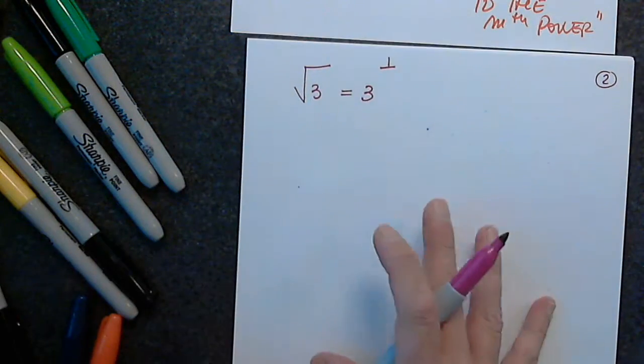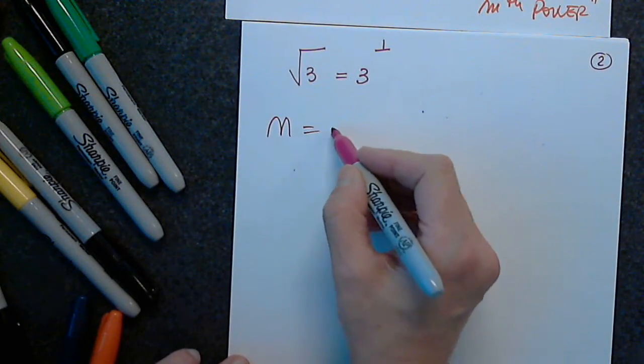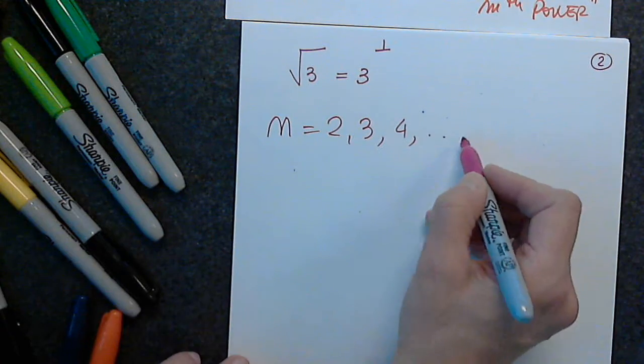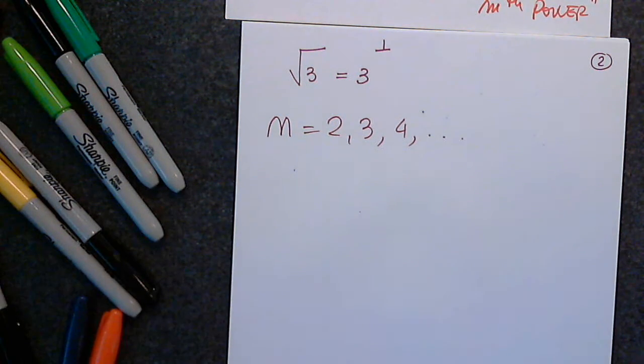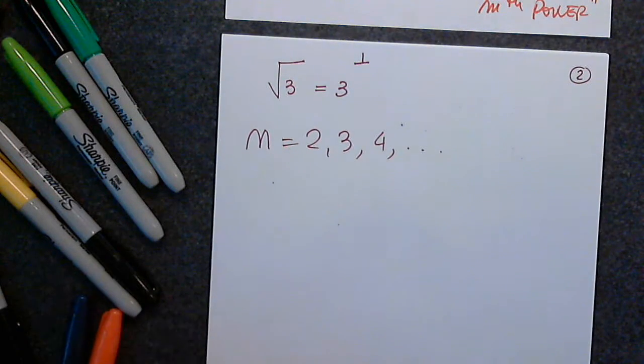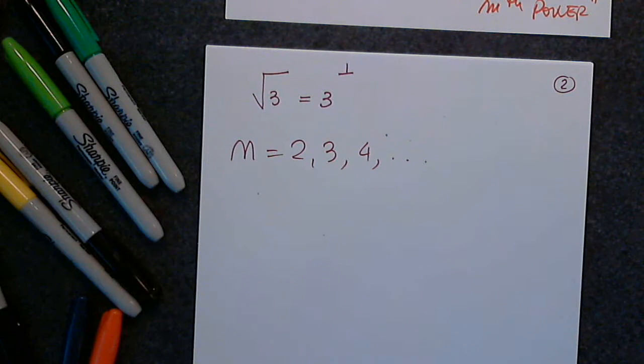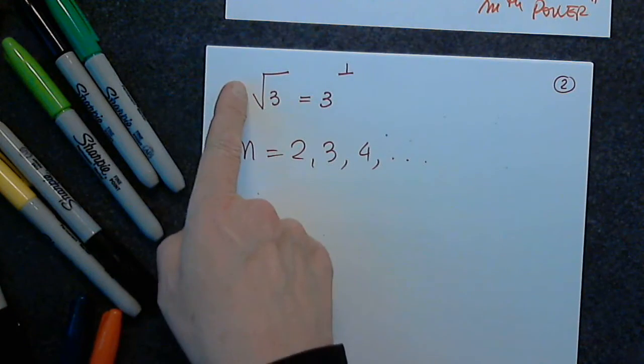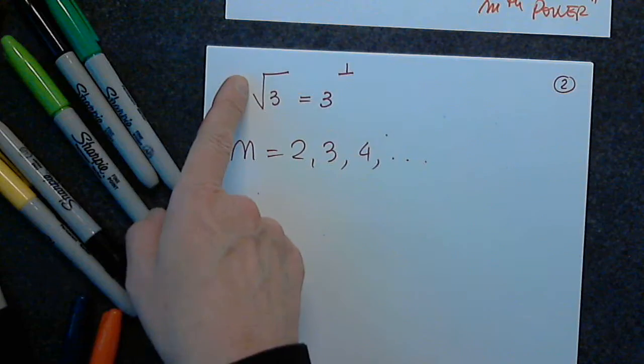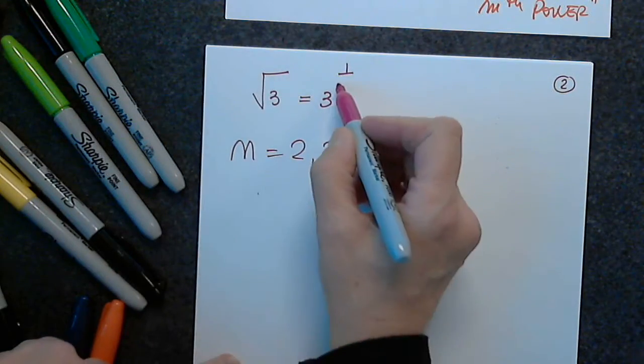Let me mention that. My apologies, I should have. N can be 2, 3, 4, and so on. There is no 0, there is no negative number, and there is no 1. And there's no decimal, no fractional decimal. In some situations it could be, but let's say that it's not for us. Good. So what is the denominator? The denominator is 2. If we don't write anything, the index must be 2. When it's blank, the index is 2.